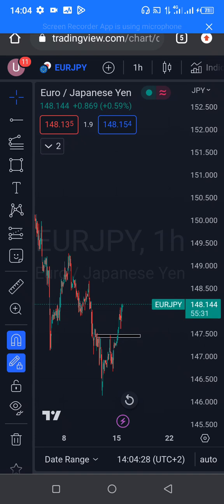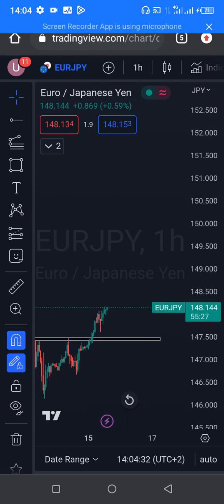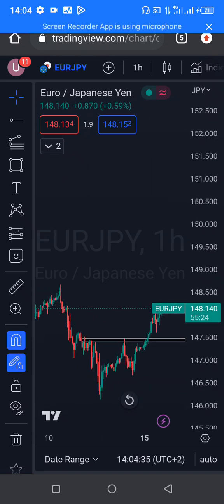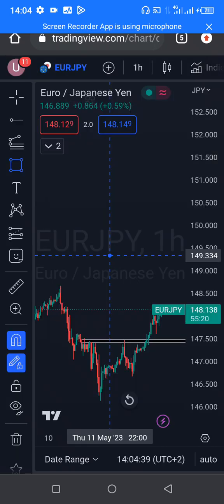So what I'm going to expect now is to break this structure, this level over here.